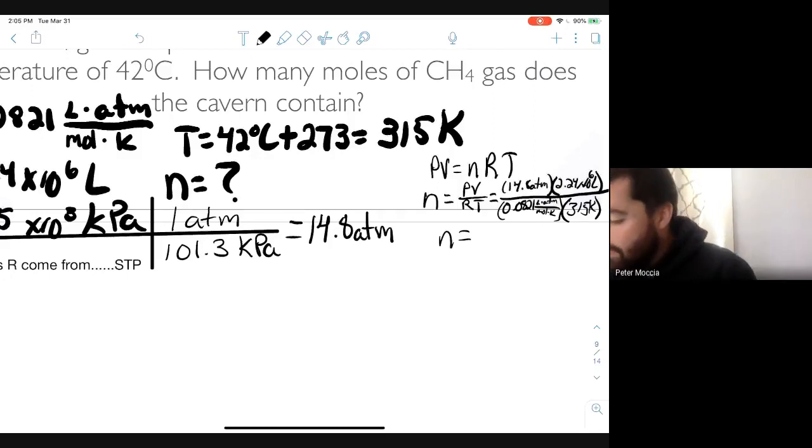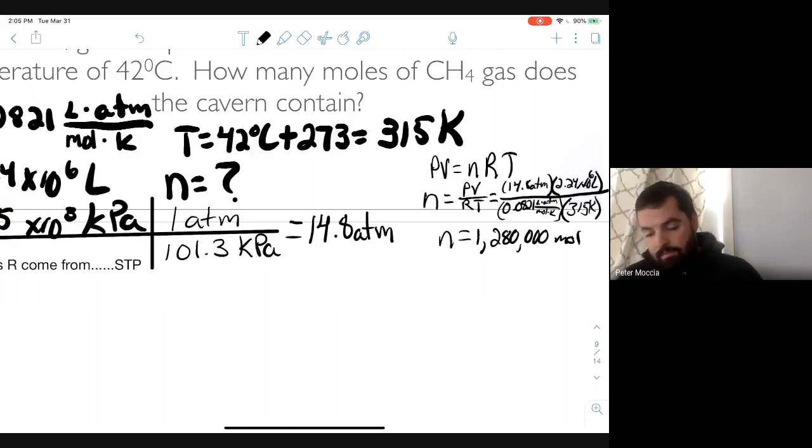And we are going to get 1,280,000 moles. Okay. Yeah, that's about right. That's a lot of moles of gas in that cavern, but I was a little confused at first, then I remembered that we're talking about a whole cavern, so that makes sense for there to be a lot of moles in that cavern.